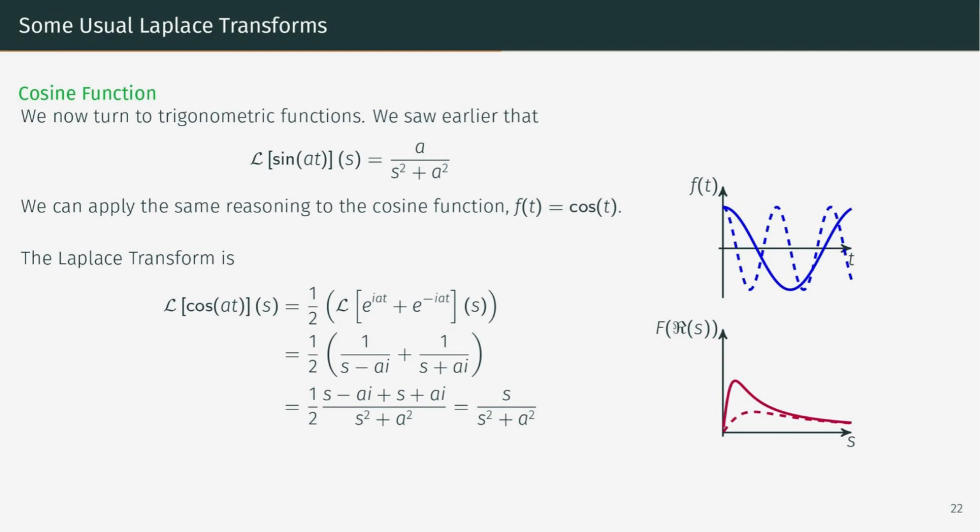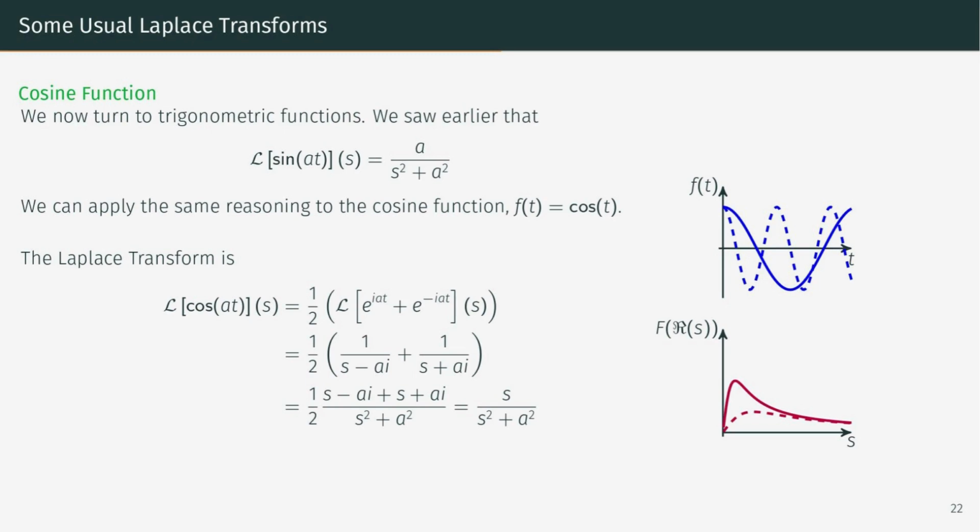The Laplace transform of the cosine of at equals 1/2 times the Laplace transform of e to the iat plus e to the negative iat. We have seen these earlier, and so we can write that this is equal to 1/2 times 1 over s minus ai plus 1 over s plus ai.